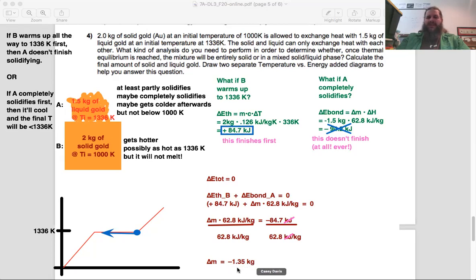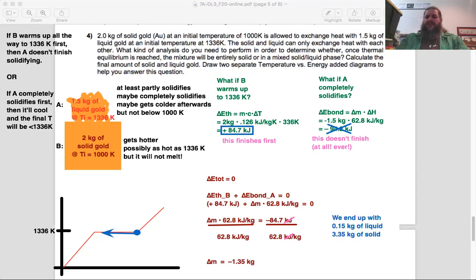But what has happened to that 1.35 kilograms of liquid? Yeah, it's solidified. So the amount of solid gold has increased by 1.35. So we end up with 0.15 kilograms of liquid, and 2 plus 1.35 would be 3.35 kilograms of solid.